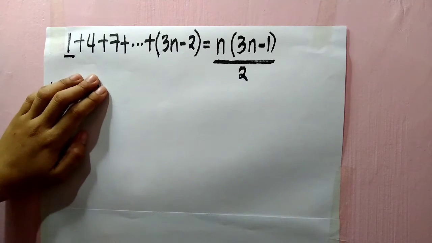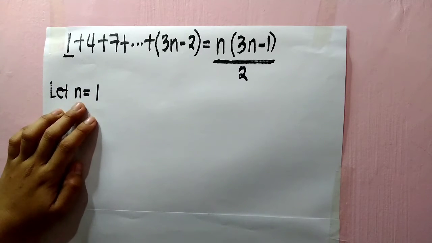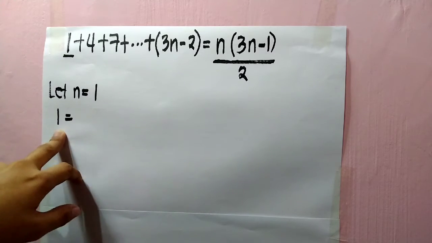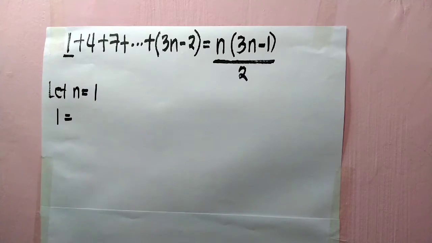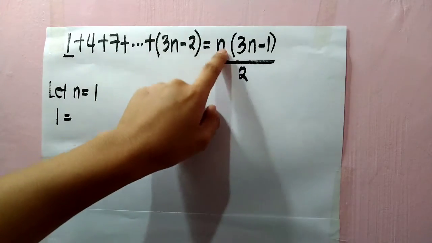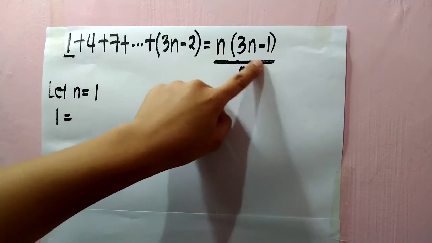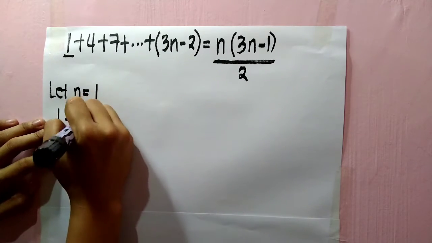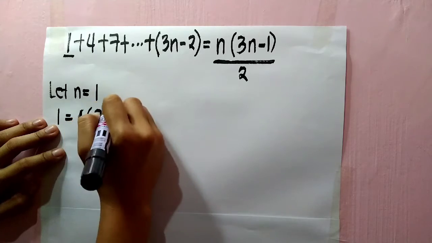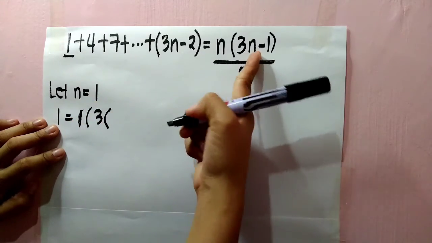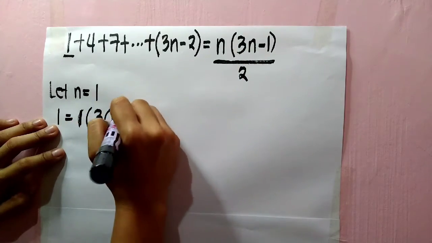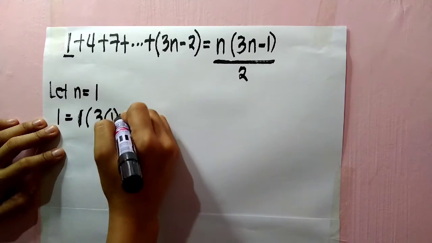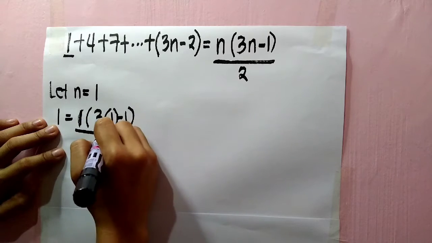So the first step is to let n equal 1. Since the first term is 1, this is the left hand side. The right hand side is to substitute n to 1. So we have 1 times 3 times 1 minus 1 over 2.